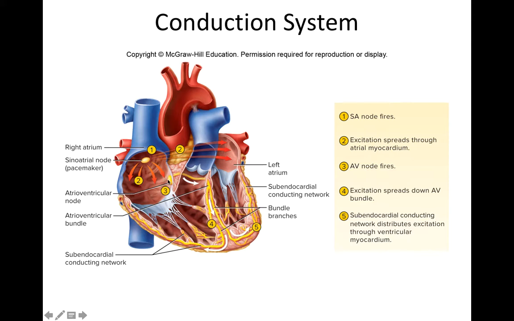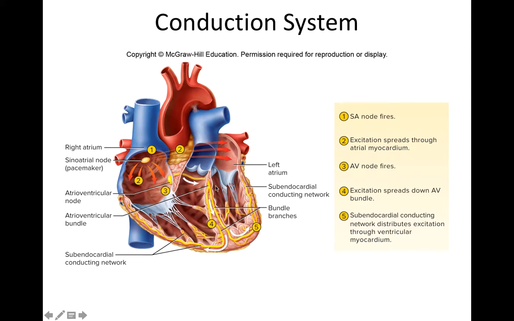Once it fires, it's going to go down the bundle into the bundle branches, and it's going to travel up into this subendocardial network. And once it starts traveling through here, it is going very fast, okay?